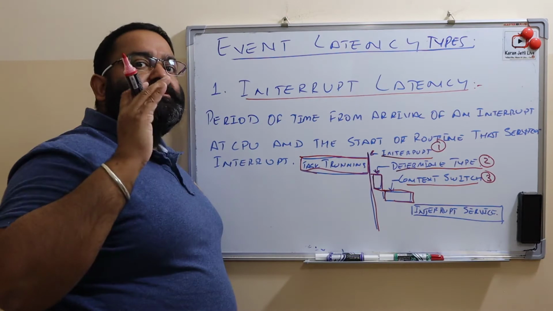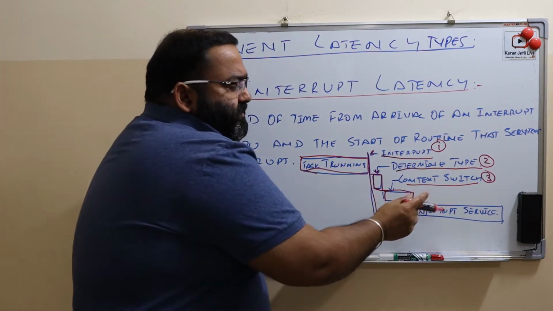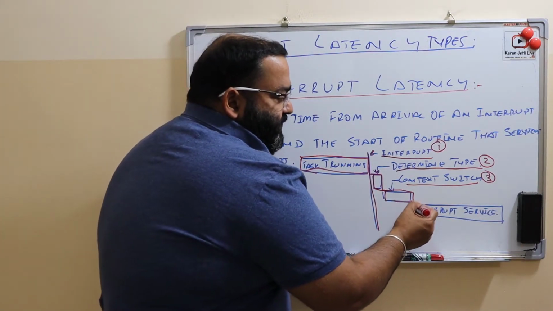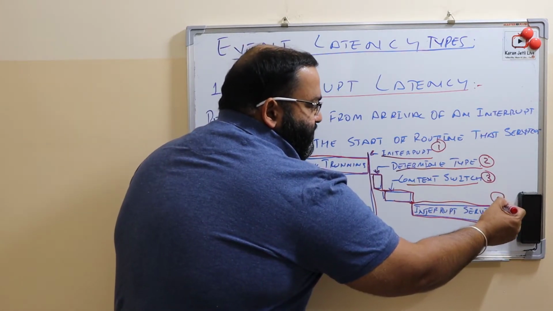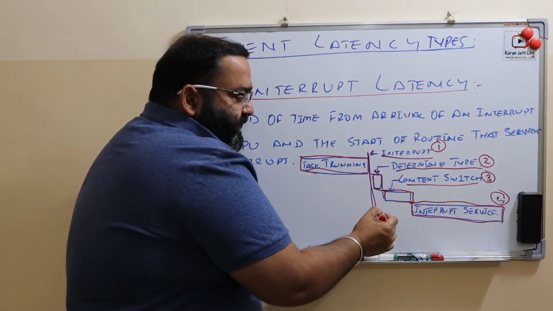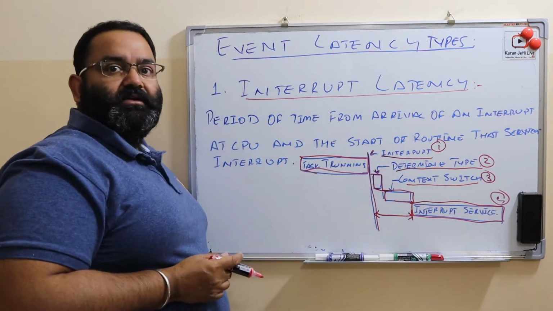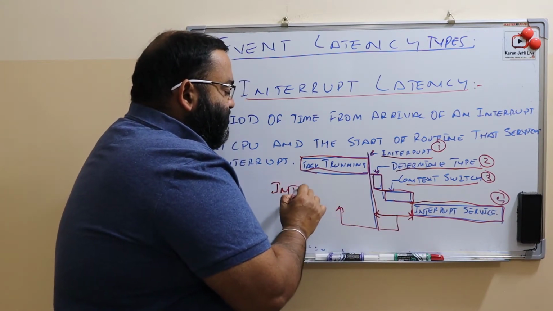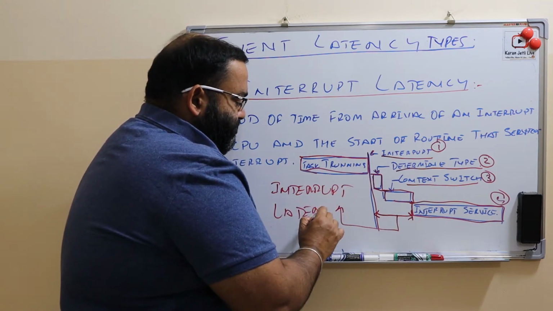A context switch is when the CPU jumps from one process to another. This much time the CPU spent on the context switch, and here it started servicing the interrupt. At this time the interrupt came, and at this time the interrupt got serviced. We call this interrupt latency.